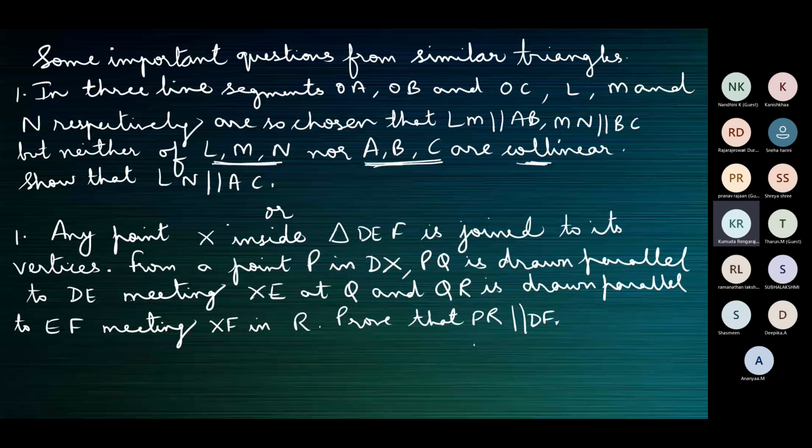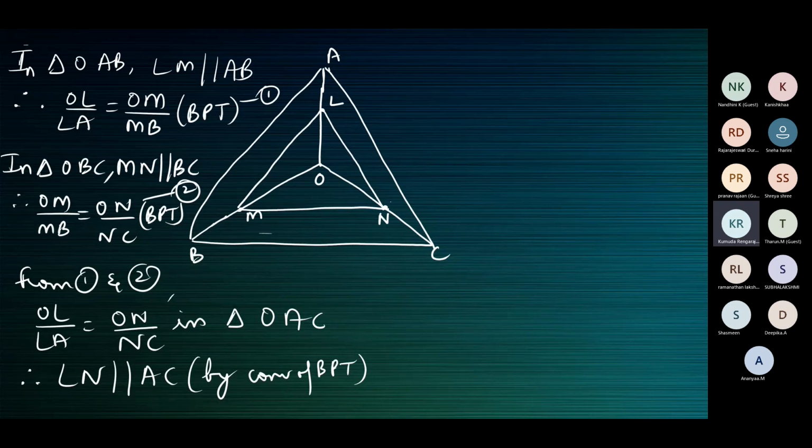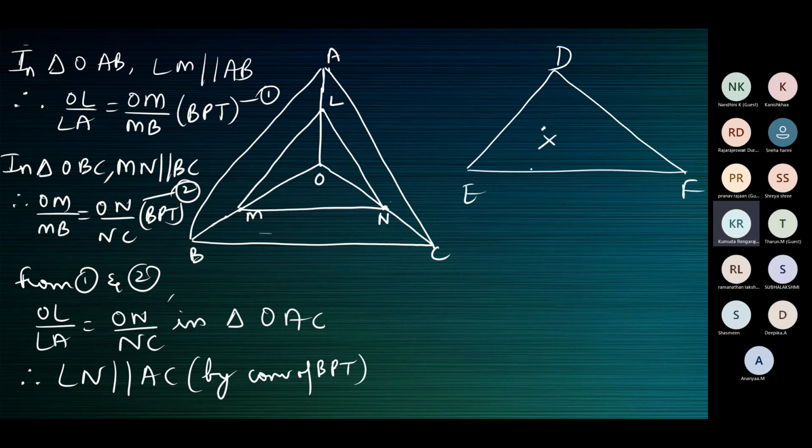So the question can also be given like this. Any point X inside triangle DEF is joined to its vertices.